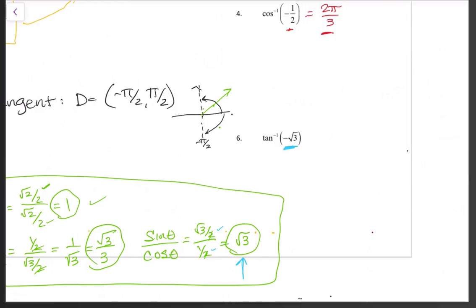So in terms of quadrant, I have first or fourth quadrant to look at. Sine and cosine are different signs only in the fourth quadrant, where sine is negative and cosine is positive. So I'm looking for an angle in that fourth quadrant where sine is negative square root of 3 over 2 and cosine is positive 1/2.